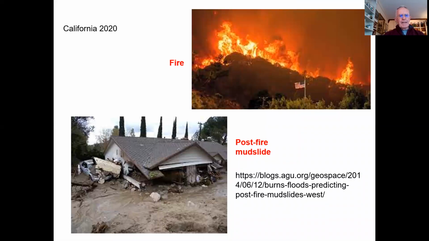And we have a situation where not only does the fire increase runoff, but it also can cause slope instability. And I'll explain that now. But here's a picture from 2020 of a fire taking place above a homestead in California.